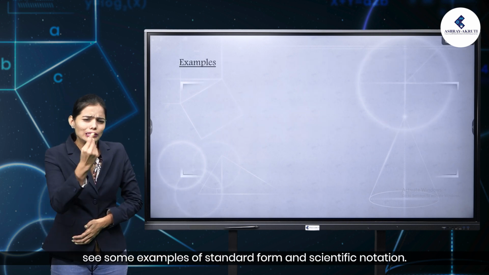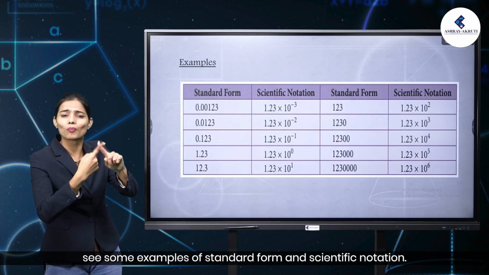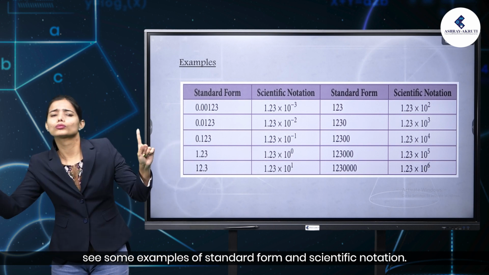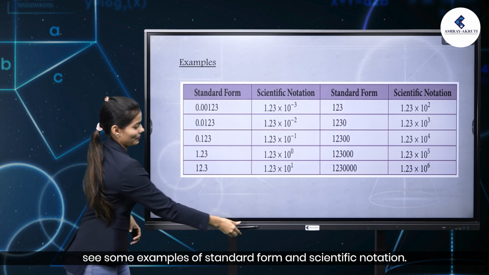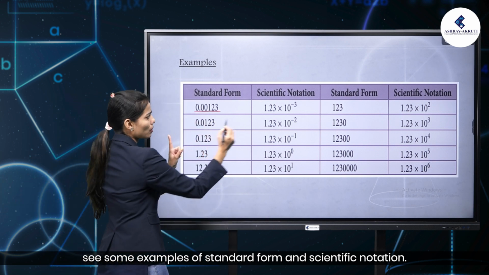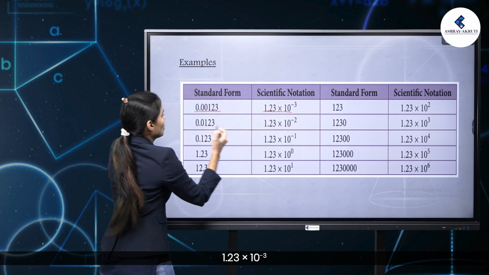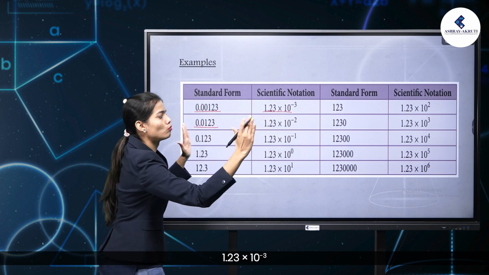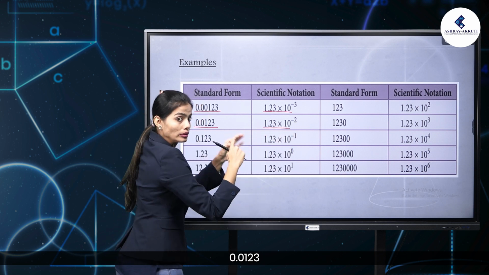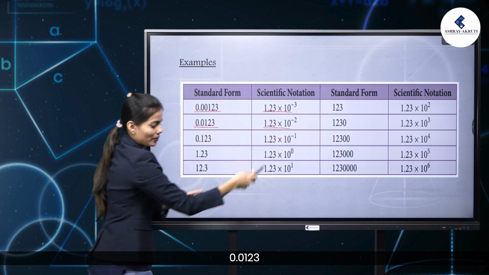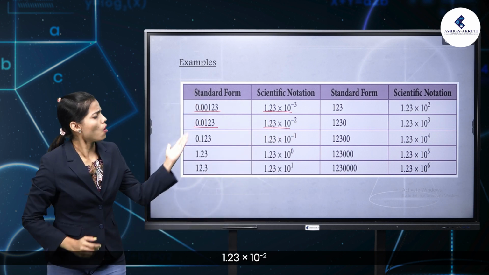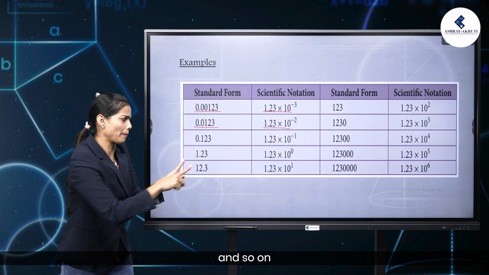Examples. See some examples of standard form and its scientific notation. 0.00123 is 1.23 into 10 to the power minus 3, 0.0123 is 1.23 into 10 to the power minus 2, and so on.